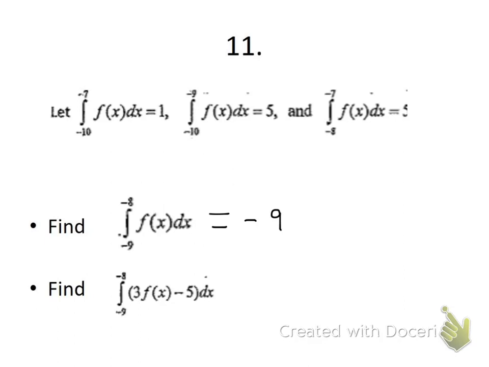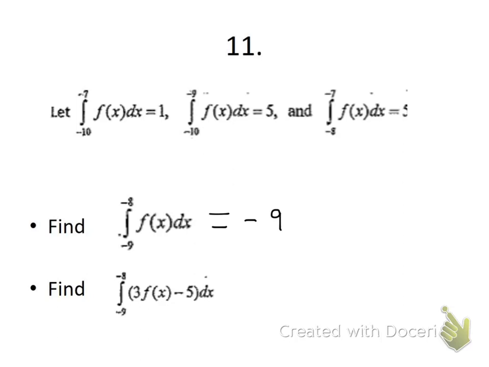Now look at that second one. You need to have the integral property touch each part, because I know what y'all are going to say: it's negative 27 minus 5. Be careful.